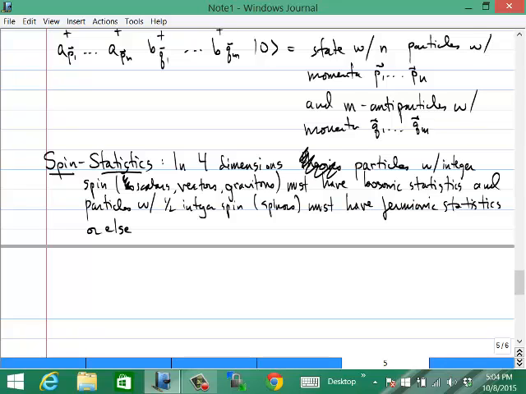Well, in fact, 3 things go wrong if you don't do this. So the first thing that goes wrong is that the theory is unstable. So the ground state is no longer the state with the lowest energy in the theory. You can actually lower the energy infinitely in a way that you'll show on your problem set.